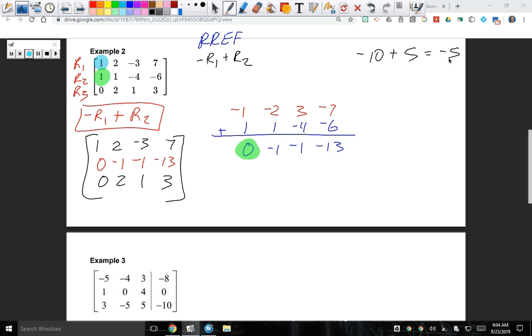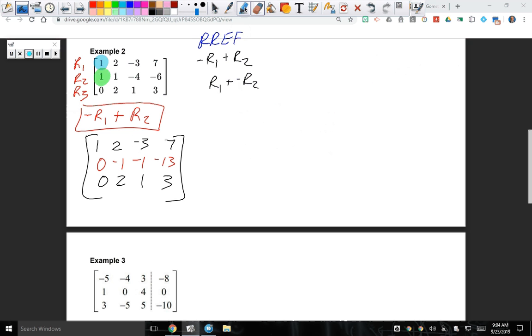What if you did row 1 plus a negative row 2? You see what I'm saying? What if you did a positive 10 plus a negative 5? It would be different. So you have to be careful of which one you're applying this negative to in order to add it through. Are you with me? That was a very, very good question. All right. So let's keep going.